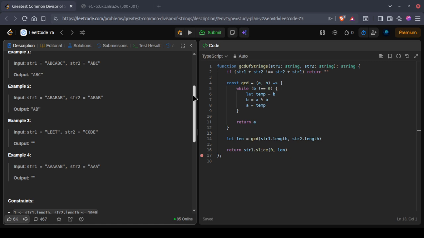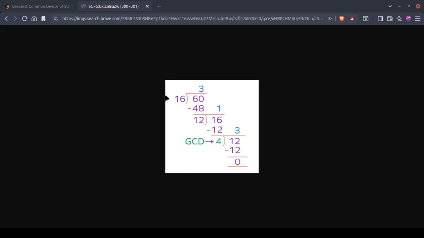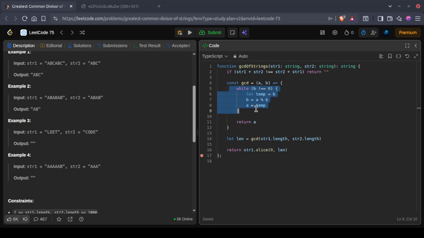And this problem is not just about strings, it teaches you how to combine pattern recognition and convert a math problem into the programming language, like the math GCD formula. Like in mathematics we write the division ladder, here I write the while loop for the same case. And this is efficient thinking.